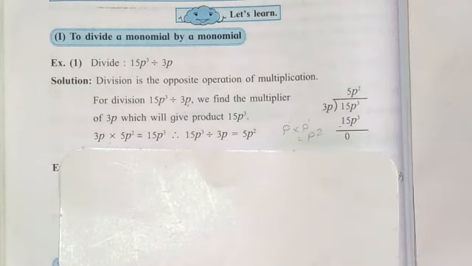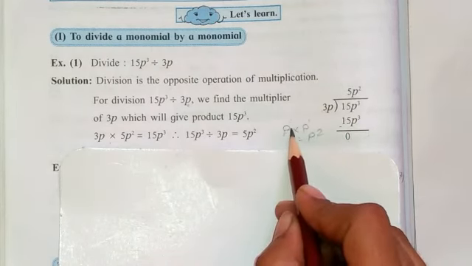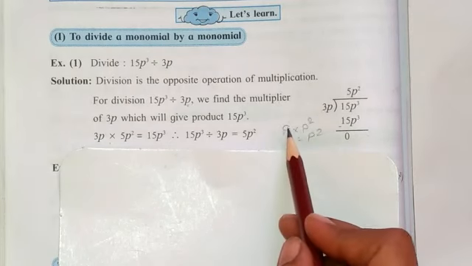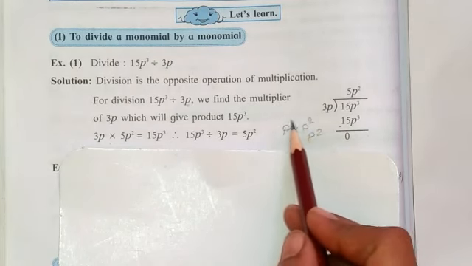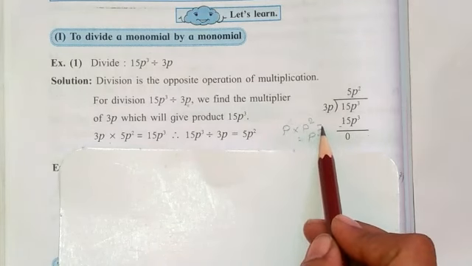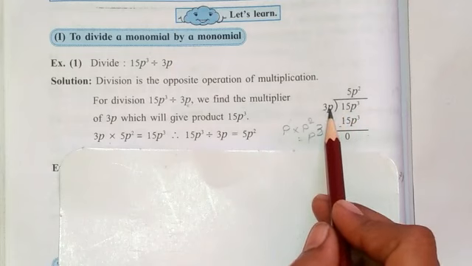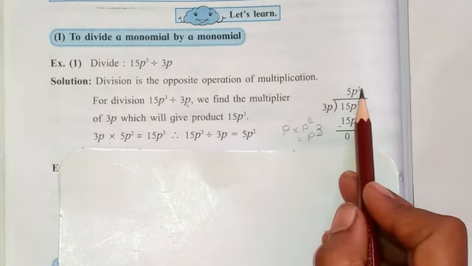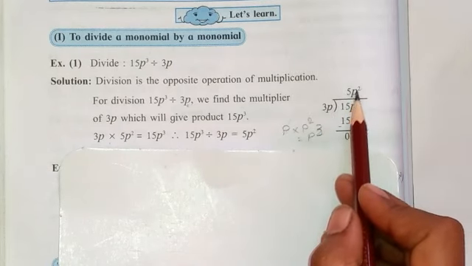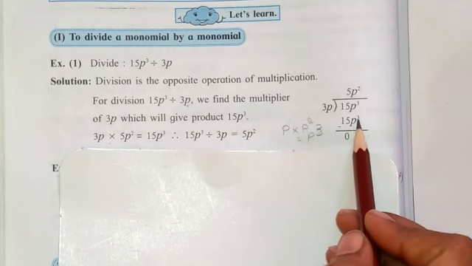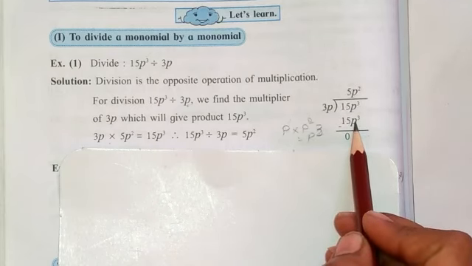That means what we have to do? We have to multiply this p with the p raised to 2. So the answer will be 2 plus 1, p raised to 3, which we want here. So this one time p is going to multiply with p raised to 2. So the answer will be p raised to 3, which we are going to write here.